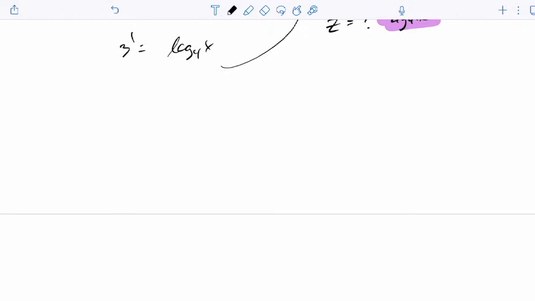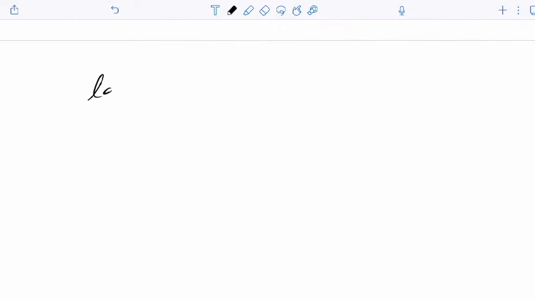Log base 2 of... Okay, fine. Okay, a couple more. Log base 2 of 3x minus 2, 3x plus 2, minus log base 4 of x is 3. So I'll do these two, and then we'll have to kind of stop it.